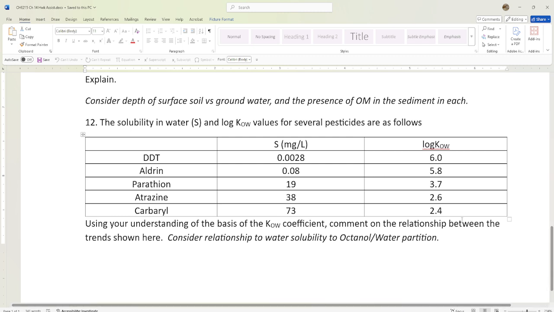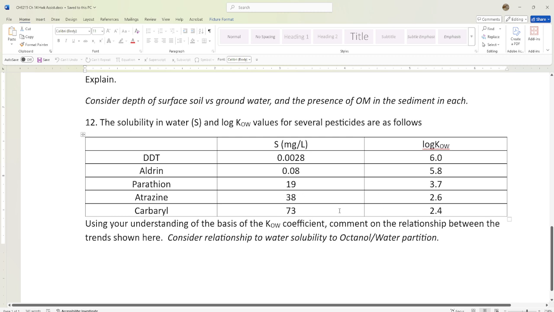Having a high log KOW says there's more organic, more covalent character than there is polar character. It would much rather interact with the hydrophobic octanol than the polar hydrophilic water. So DDT has a high nonpolar hydrophobic characteristic, so it has a very high log KOW. And so because of that, it has a very low solubility.